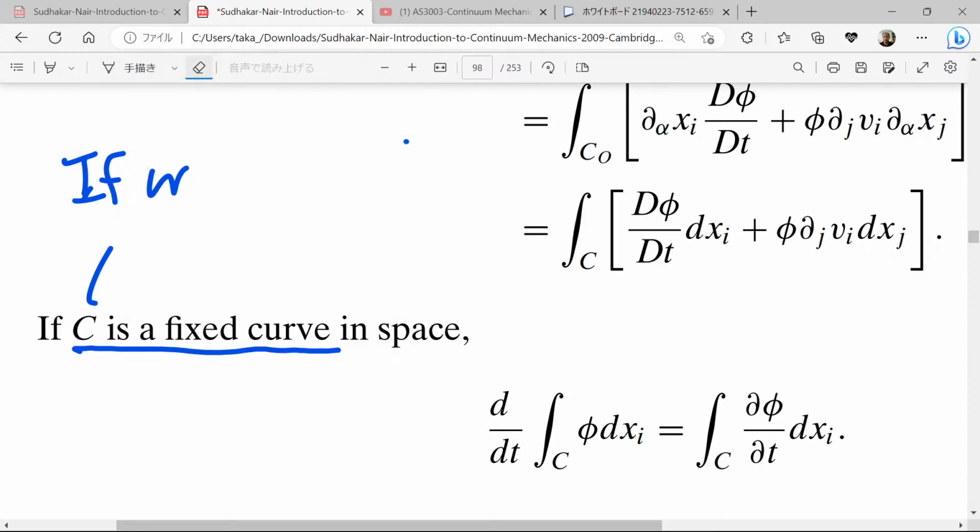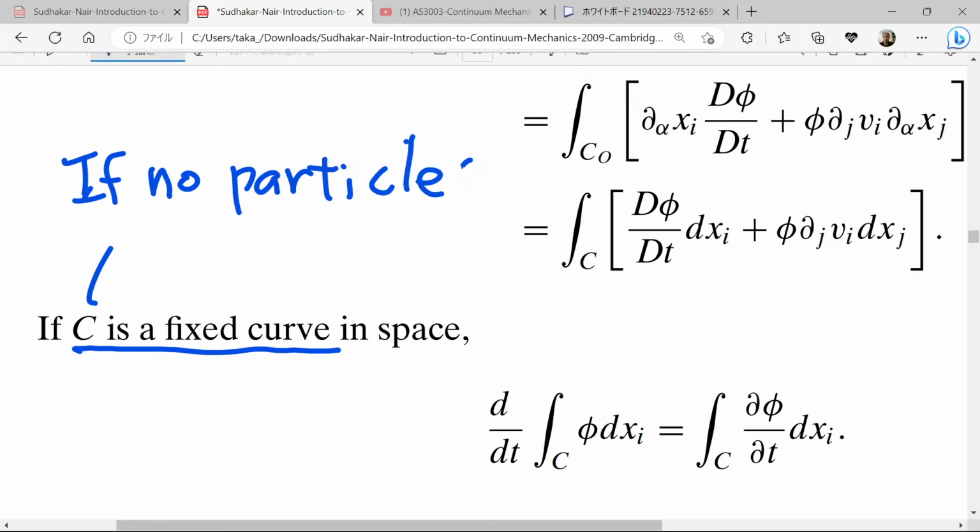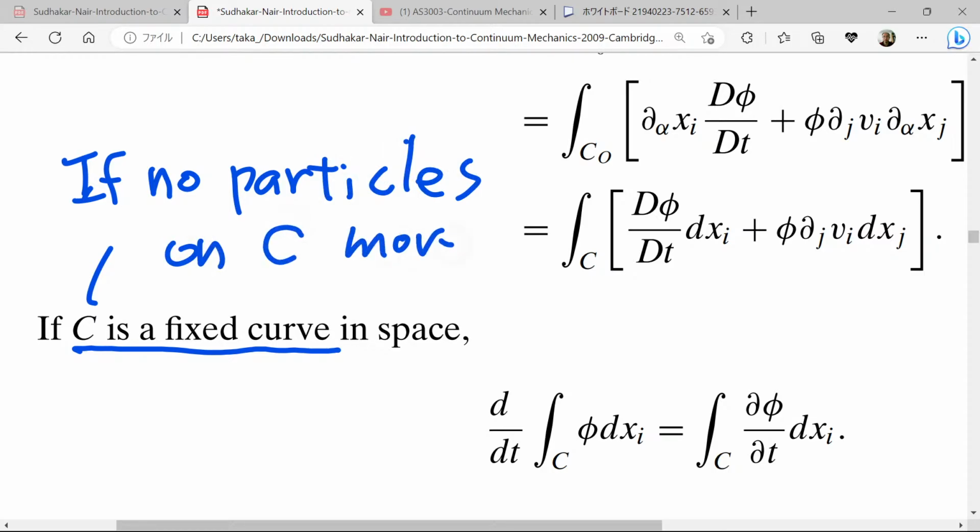What is the most clear way to say? If no particles on C move. This is the exact meaning. So you have a contour C at time t.